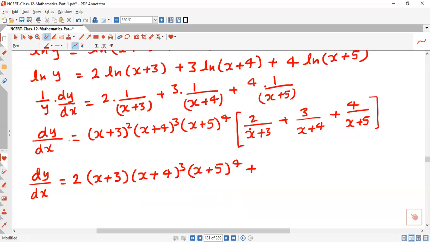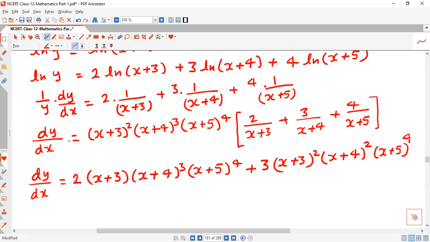In the second term, x plus 4 cancels out, so we write 3 times x plus 3 whole squared, x plus 4 squared, x plus 5 raised to 4.